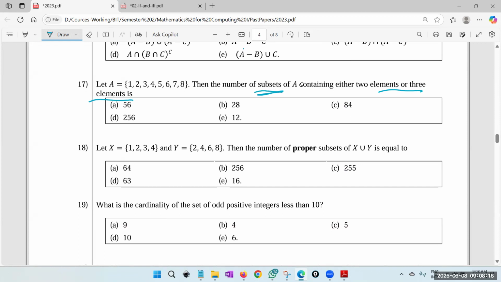Number of subsets of A containing either 2 elements, these are unique elements, or 3 elements. So how many ways we can pick 2 out of this, right? So that is 8C2, right?